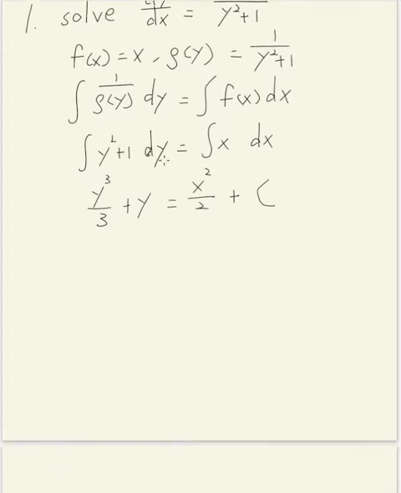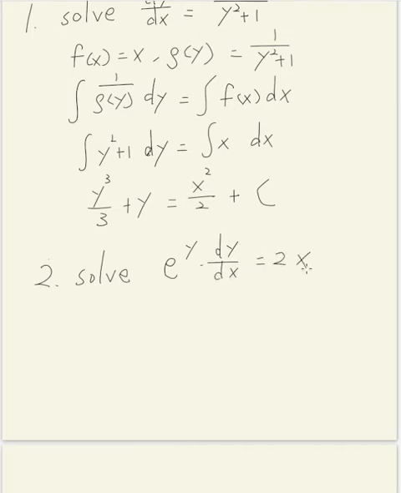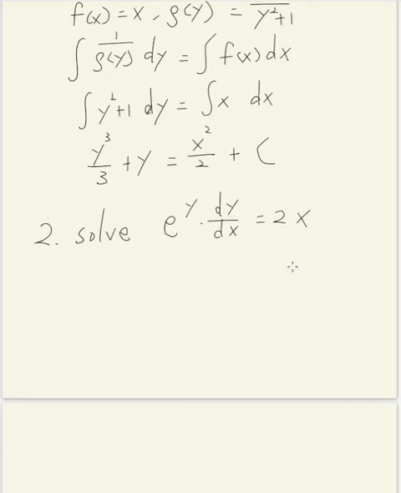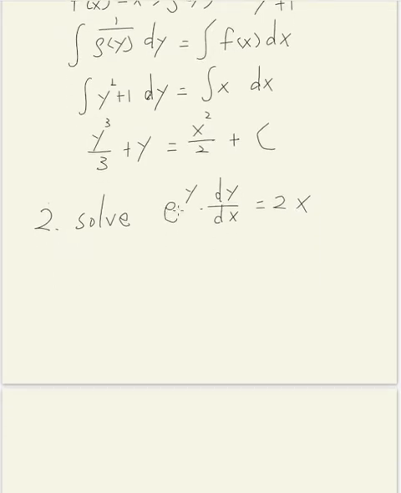Let's look at another problem. Number 2, solve e to the y times dy/dx equals 2x. Same story. Let's group all the terms that depend on y and all the terms that depend on x.